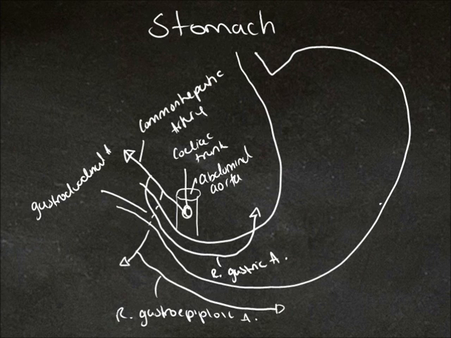The next branch of the celiac trunk is the splenic artery. And this is a convoluted artery which travels posterior to the stomach. It branches into the short gastric arteries and left gastric epiploic artery.